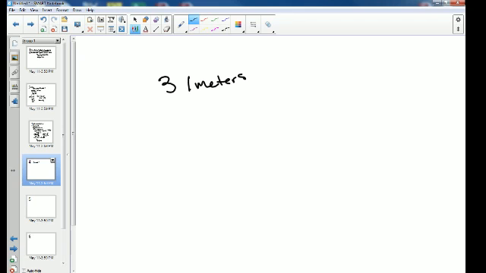The Ferris wheel, awesome Ferris wheel guys, is 40 meters in diameter, and it turns at a rate of 1.5 revolutions per minute.